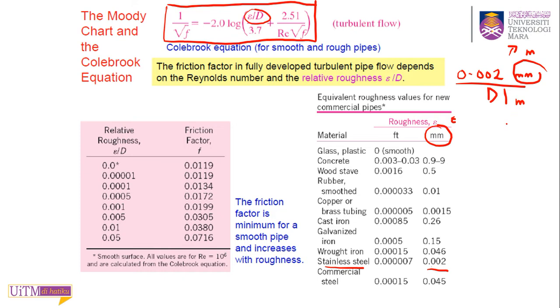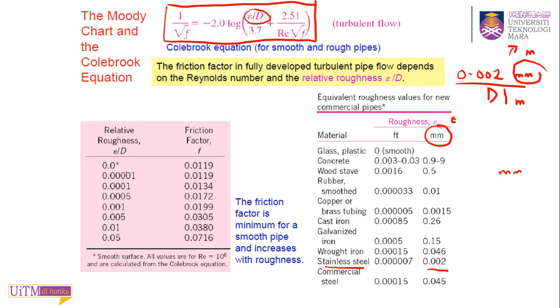If they provide the diameter in millimeter, you can simply divide the roughness by the diameter, and you will get your relative roughness, because this relative roughness is dimensionless. There is no unit. If you have both in millimeter, that's fine. But if one is in meter, you need to change the other to meter.